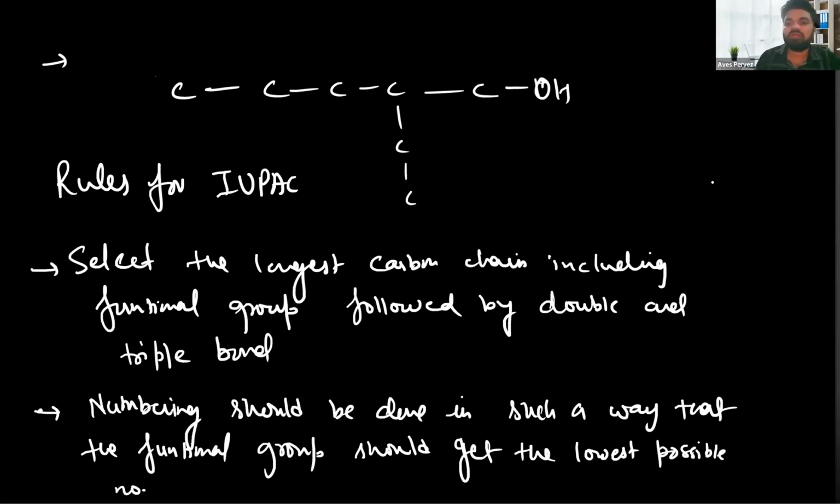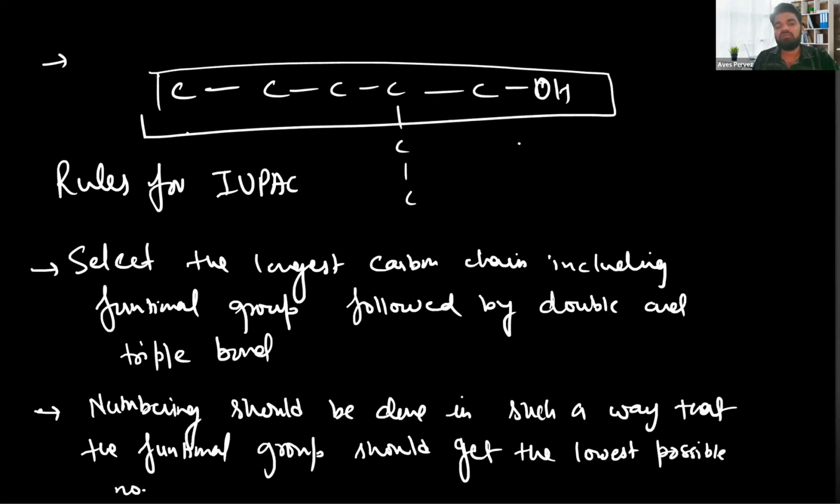Okay, so for example, if I have selected this longest carbon chain, we should do the numbering in such a way that the functional group gets the lowest possible number. So we'll do the numbering from here: 1, 2, 3, 4, 5. Because if we do it from here, the functional group gets the lowest number, that is 1. And if I start from the other side, 1, 2, 3, 4, 5, then it will get 5, so it will be incorrect. So numbering should be done in such a way that the functional group gets the lowest possible number. Understood? Yes, sir.